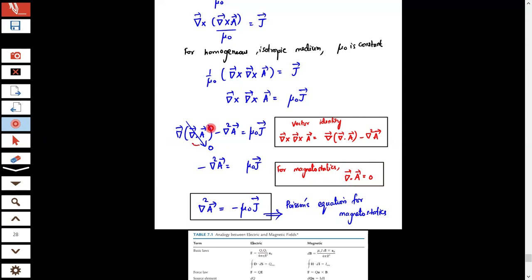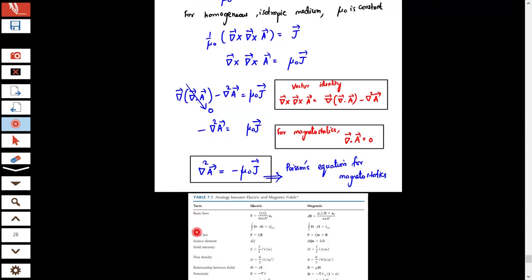So divergence of magnetic flux density is 0, and hence the equation becomes minus del square A is equal to mu naught J, or del square A is equal to minus mu naught J. This is similar to our Poisson's equation for electric fields, which is del square V equal to minus rho V by epsilon. This equation can now be called Poisson's equation for magnetostatics.